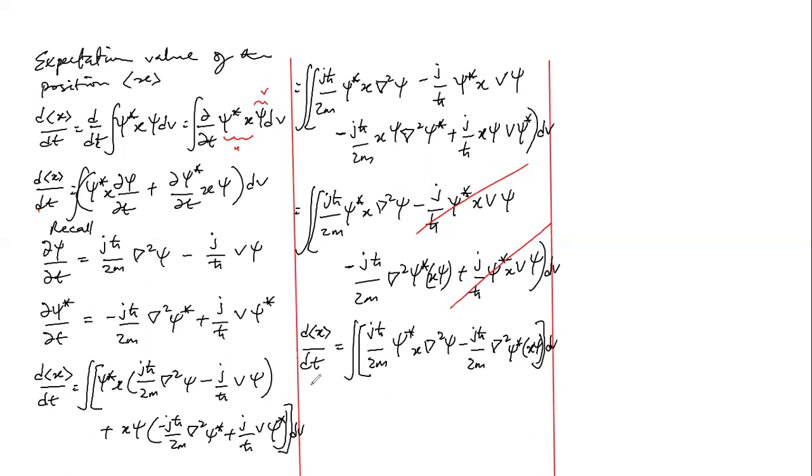Now, this is going to be the same. Should we bring this out of the integral? That's j h cross over 2m integral psi conjugate S lambda squared psi minus lambda squared psi conjugate S psi dV.